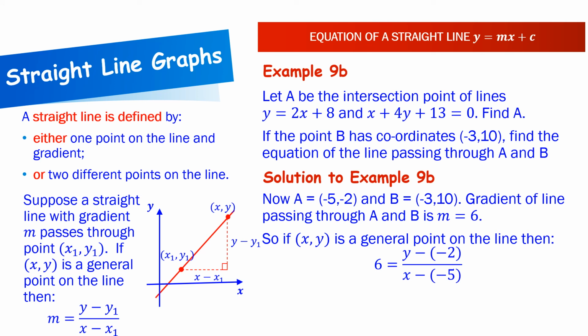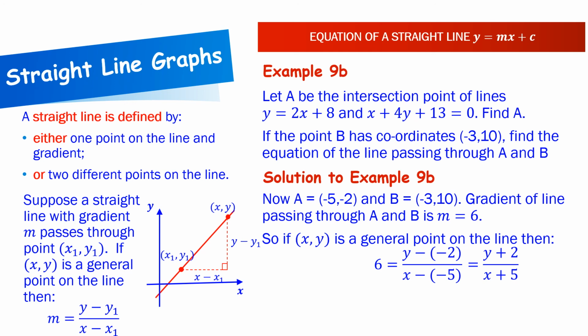So if (x, y) is a general point on the line, then 6 equals y minus -2 over x minus -5. Tidying up gives us y plus 2 all over x plus 5.